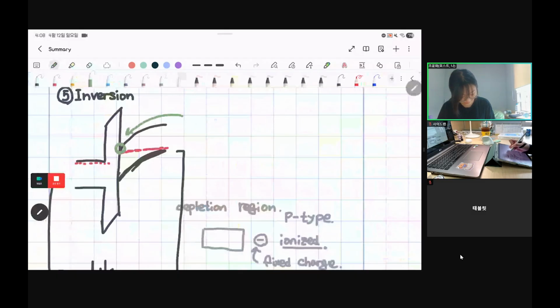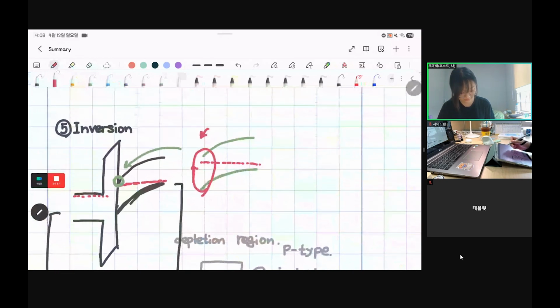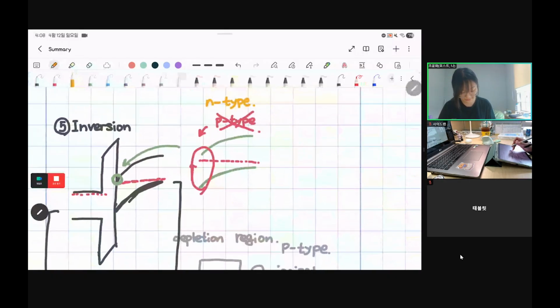But let's see this part. In this part, the Fermi level goes up really high. So in this case, we can't call this a p-type. It conducts like an n-type case. So we call this situation an inversion state.